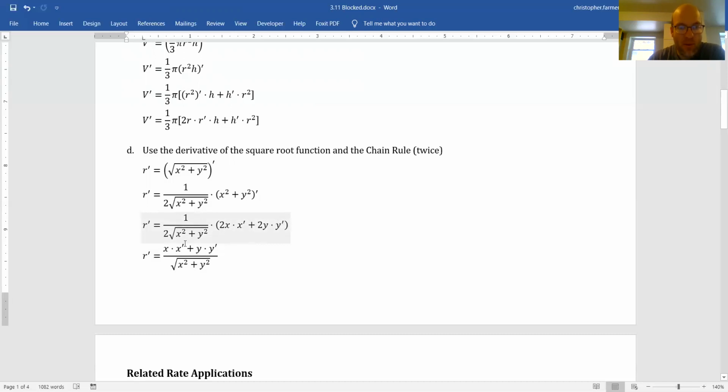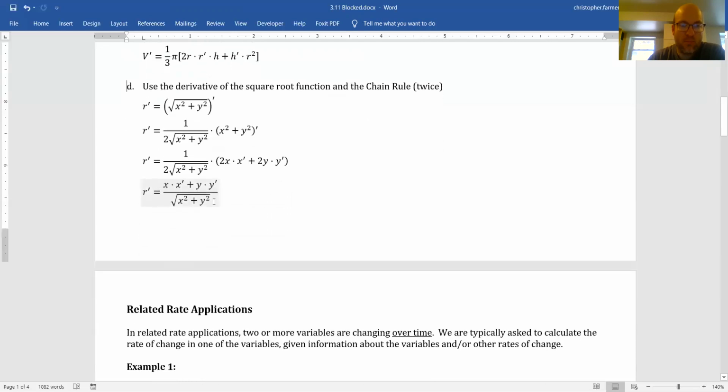And then when you're working with a fraction especially, it's nice to write it as one single fraction. So this stuff just goes up in the numerator. Okay, so that's the formula to figure out how quickly the distance between 2 points is changing based on the current values of the coordinates of the points, and the rates of change in the x and the y value.